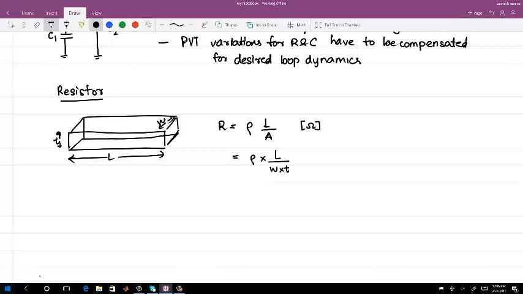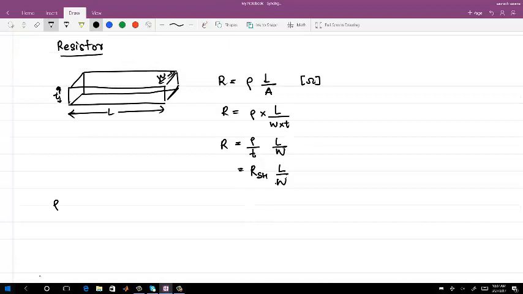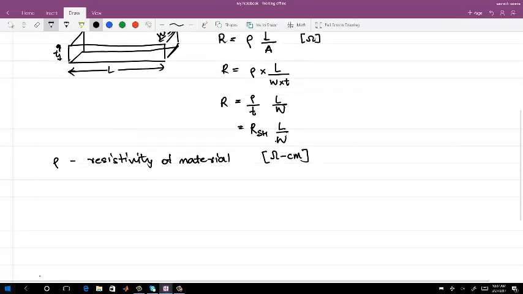Which is then later used in terms of process as rho over T times L over W. And this becomes RSH times L over W. Okay, so here rho is the resistivity of the material, which is often measured in units of ohm-centimeter.